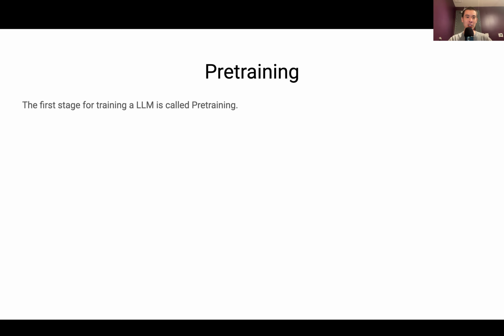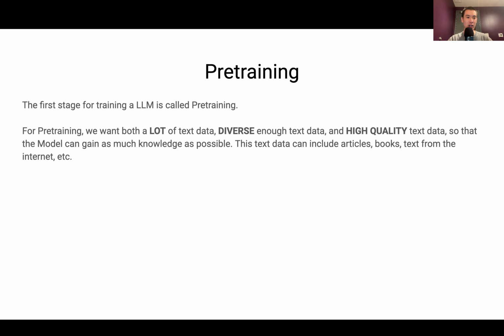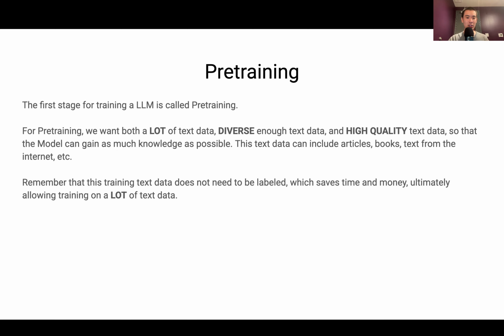So the first stage for training an LLM is called pre-training. For pre-training, we want both a lot of text data, diverse enough text data, and high quality text data so that the model can gain as much knowledge as possible. This text data can include articles, books, text from the internet, etc. And remember that this training text data does not need to be labeled, which saves time and money, ultimately allowing training on a lot of text data.